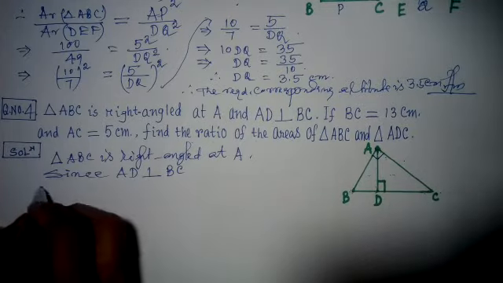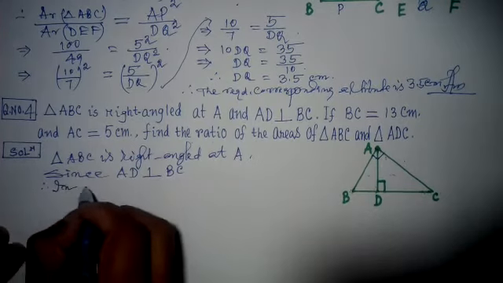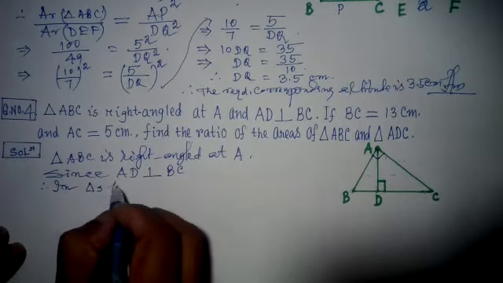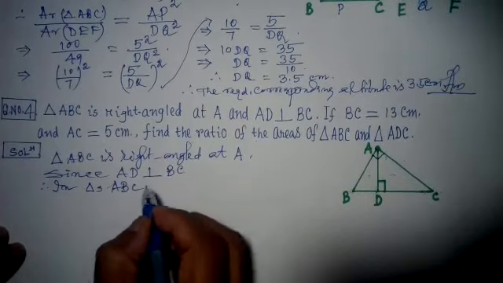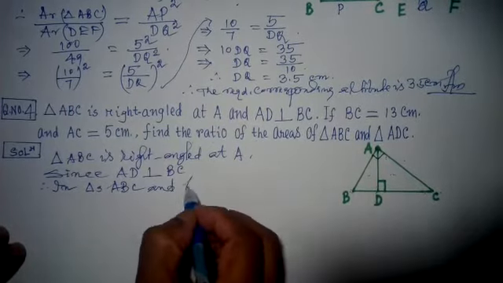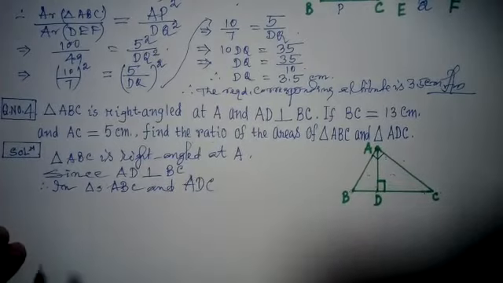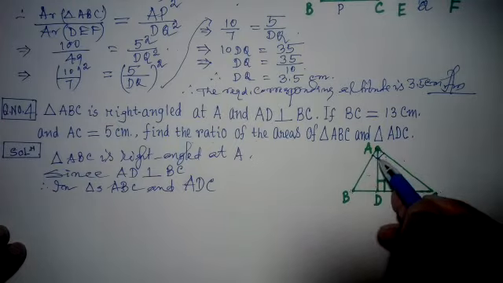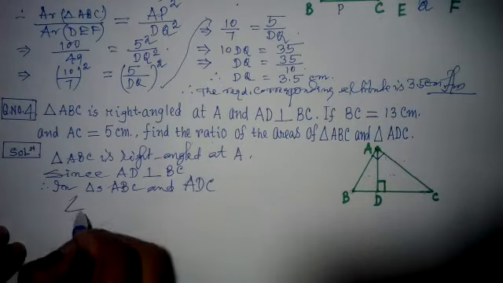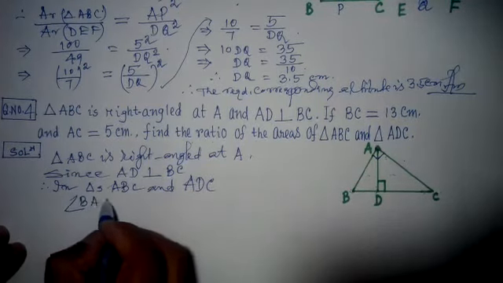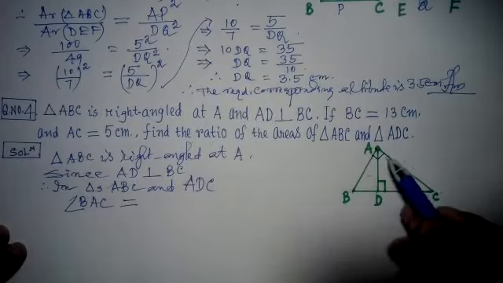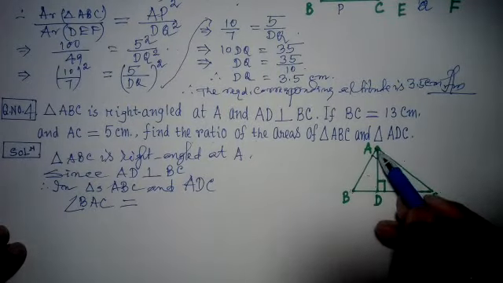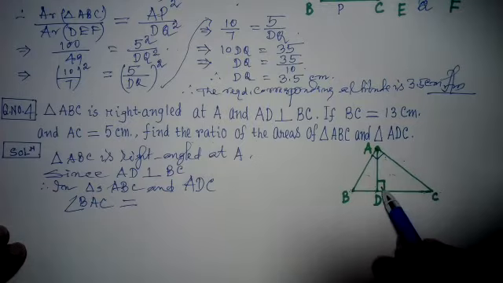Therefore, in triangles ABC and ADC, find which angles are equal. In triangle ABC, angle A is a right angle. The full name of this angle is BAC. Angle BAC is equal to angle ADC, because when we draw the perpendicular, in triangle ADC, angle D is a right angle.